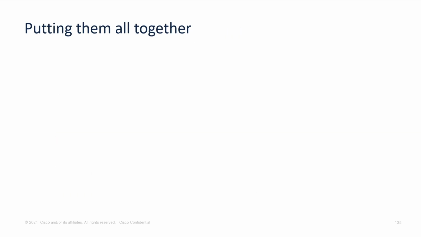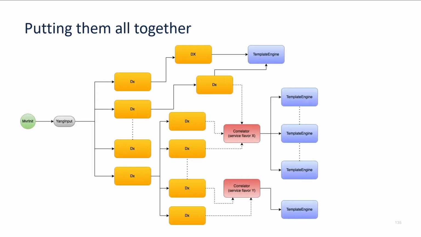All right, so putting all of them together, it looks something like this. We start off with the init object, and then it passes some information to the yang input object, and this is our starting point. This is where we provide our input, and then we start executing the DXs. You can chain the DXs, meaning the output of one DX can be fed into another DX as an input, and so on and so forth.